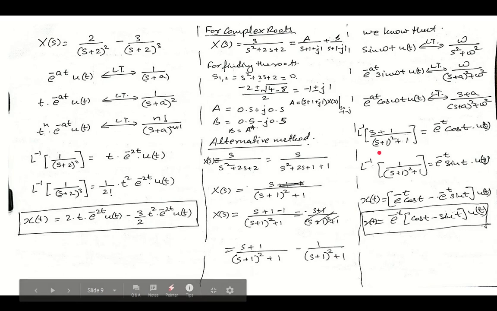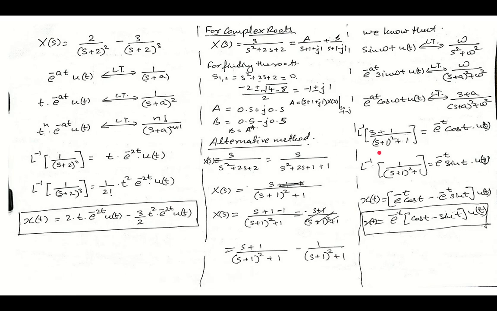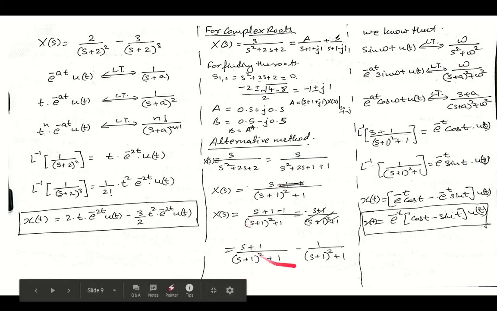So accordingly, we have found out the Laplace of sine omega t ut, which was given to us as omega upon s square plus omega square. These forms are basically of the sinusoidal or cosine signals that we have found out previously.